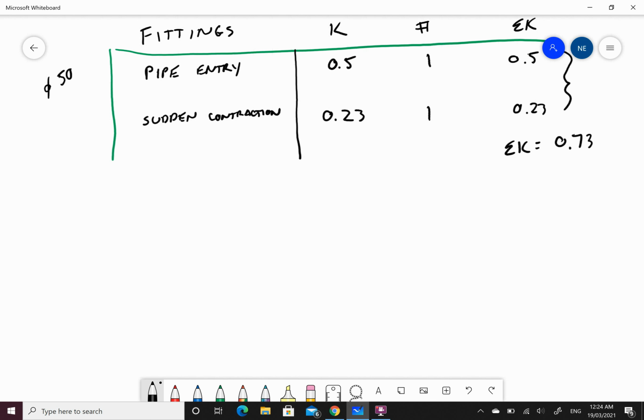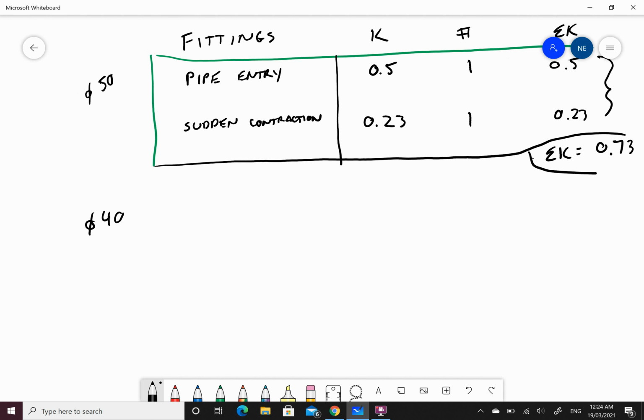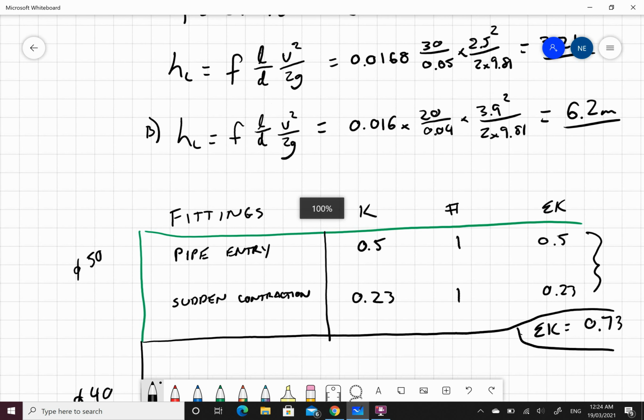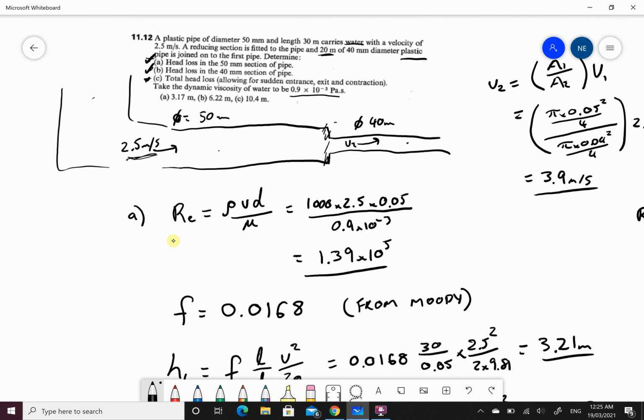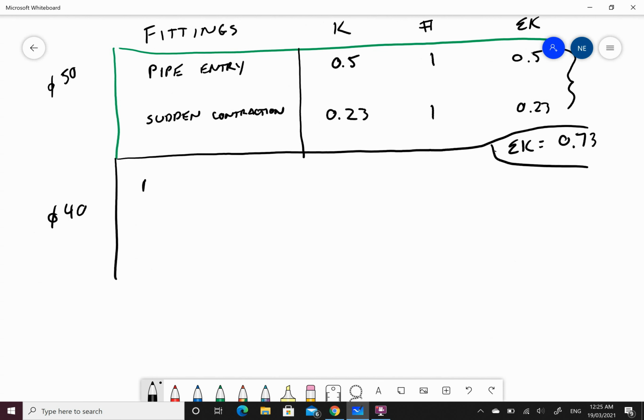Now for the 40mm pipe, what do I have? So looking at my 40mm pipe, all that I have here is my exit. Oh, sorry, up here. We're not told anything what happens over there, so we just assume it runs out. That's our pipe exit, which is this bit here. So I have my pipe exit.